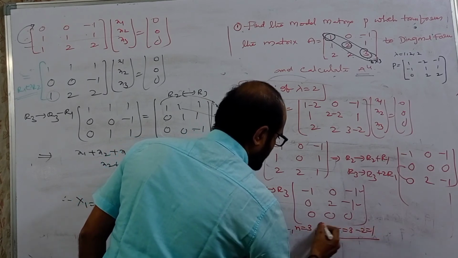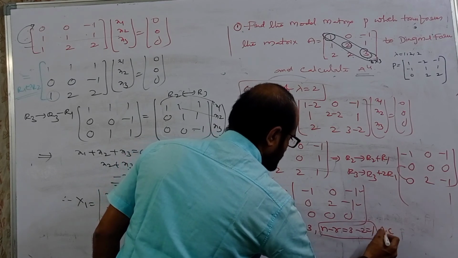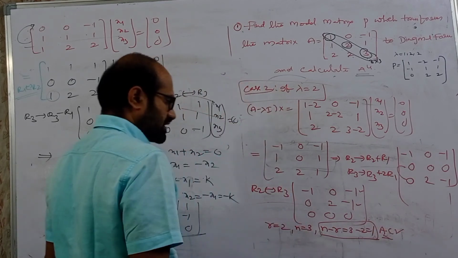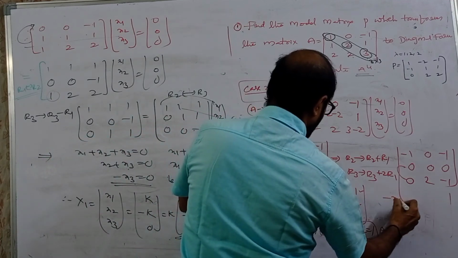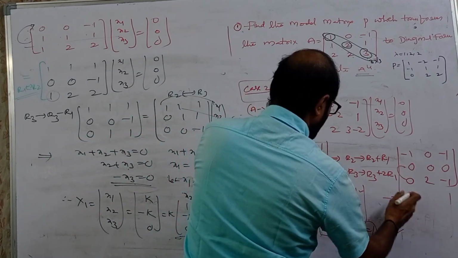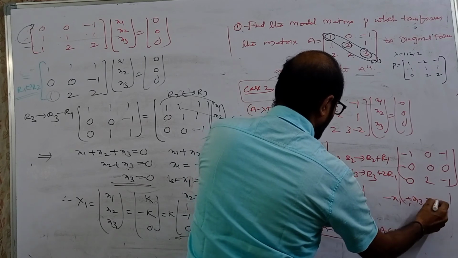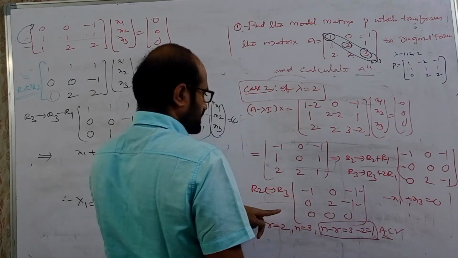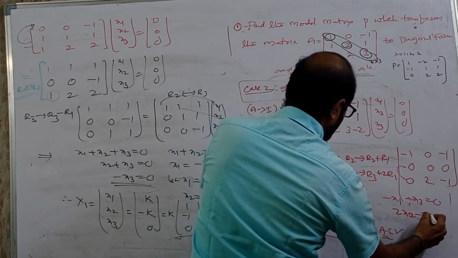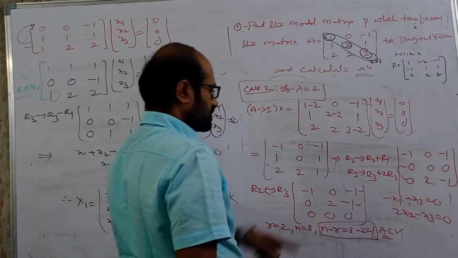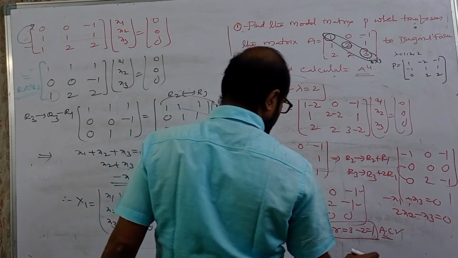So n minus r arbitrary constants, you can choose n minus r arbitrary constants, to find the value. Let us see, for example: minus x1 plus x2 is not there, so minus x3 equal to 0; minus x1 minus x3; 2x2 minus x3 equal to 0. Then how can you find this?